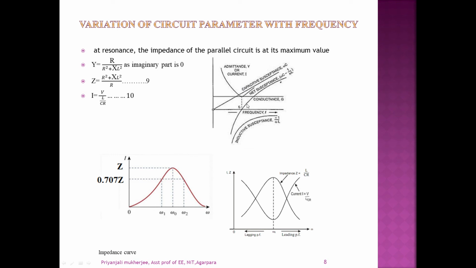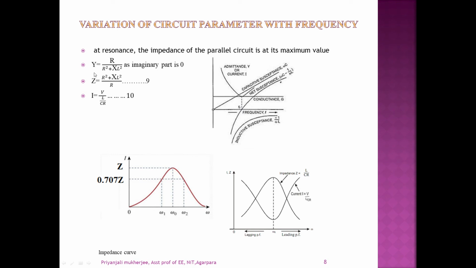That means the imaginary part, BL equal to BC. In the region where the frequency is less than the resonating frequency, the inductive susceptance has a much higher value than the capacitive susceptance. And for the region above this frequency Fr, the capacitive susceptance is much greater than the inductive susceptance.